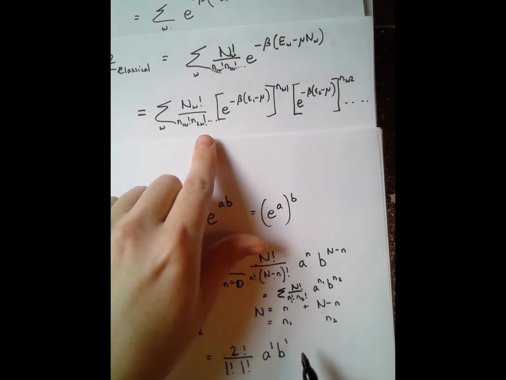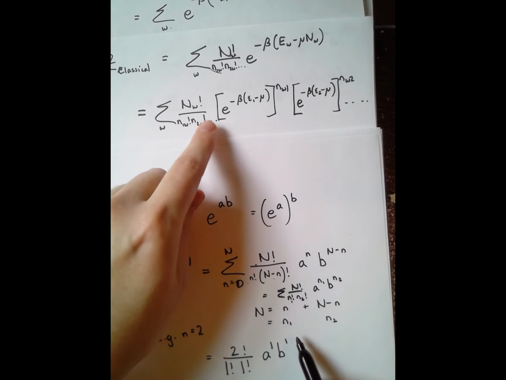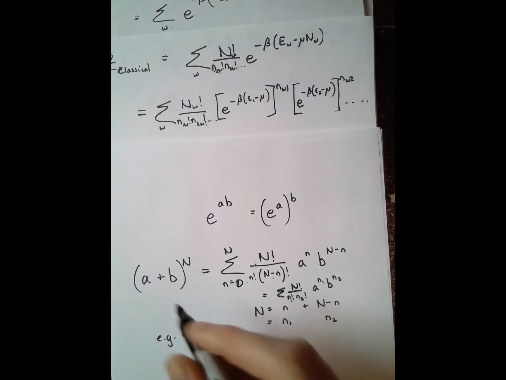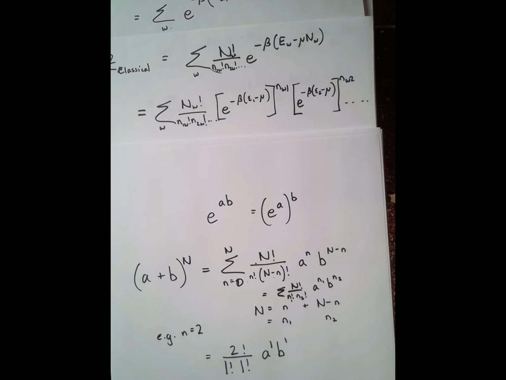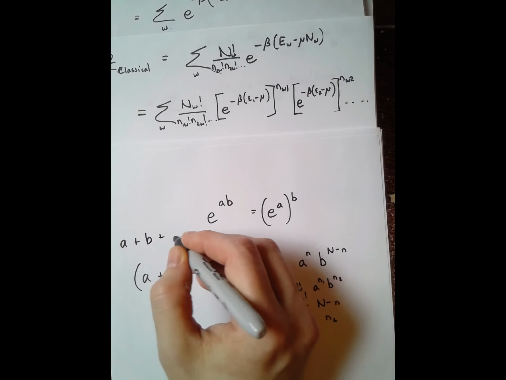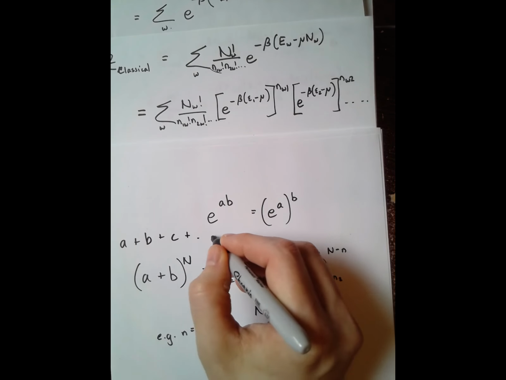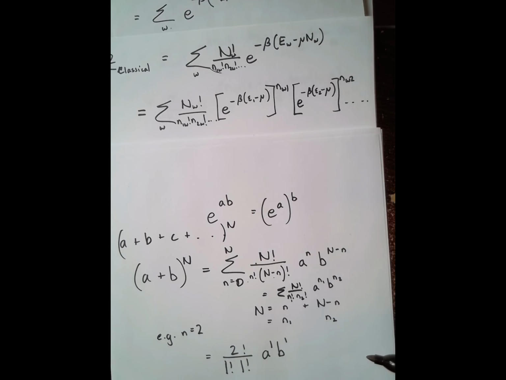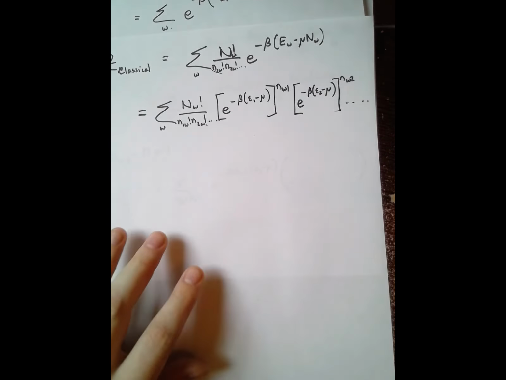except we've got not just n1 and n2, but n3, n4, n5, n6, and so on. So all this is the multinomial expansion. In other words, this is a plus b plus c plus, to the power n. And what are our a's, b's, and c's? They're these things here.